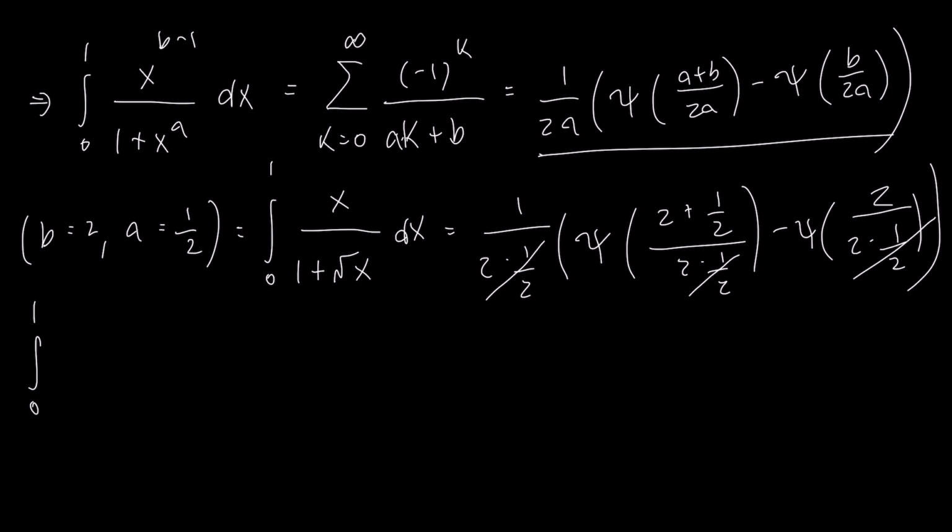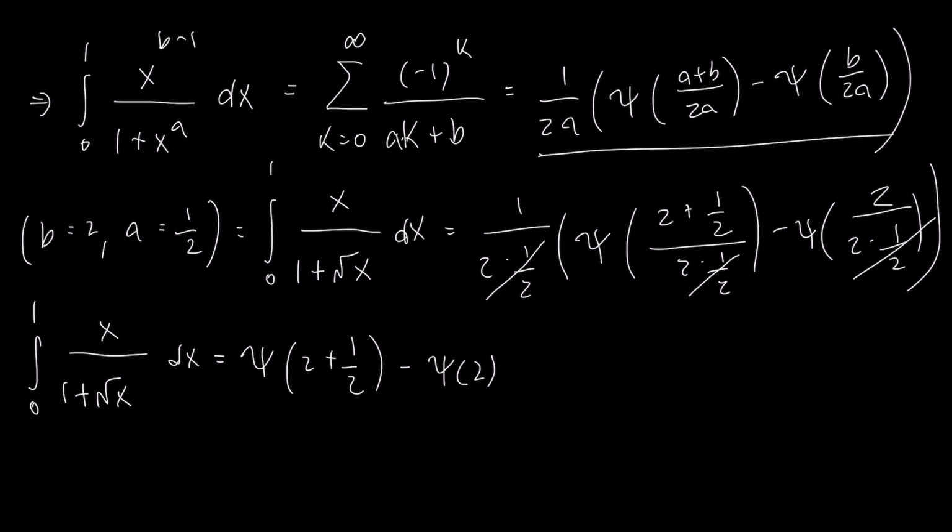We have that the integral from 0 to 1 of x divided by 1 plus the square root of x dx will end up being digamma of 2 plus a half minus digamma of 2. And we could rewrite this as digamma of 1 plus a half minus digamma of 1 plus 1.